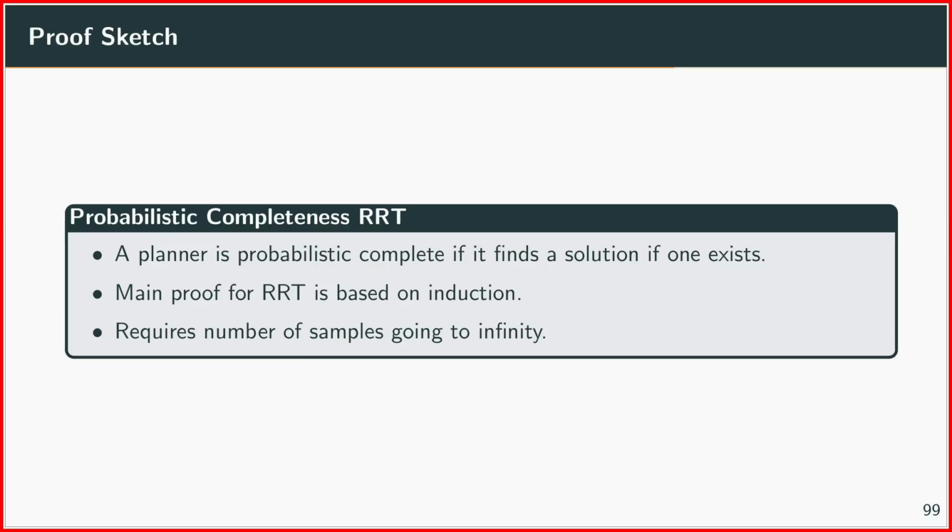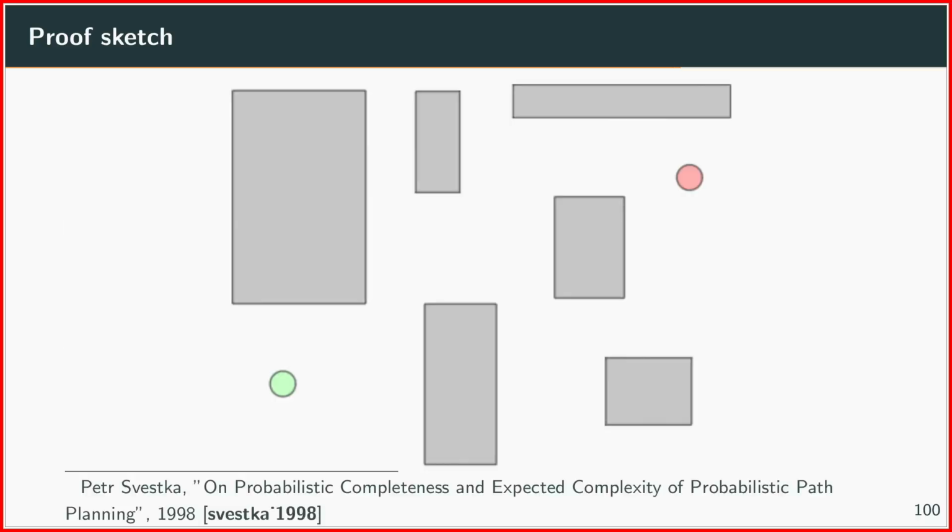Let's recall that a planner is probabilistically complete if it finds a solution if one exists. So this is a basic definition. And the main proof that RRT is probabilistically complete is based on induction, and it requires that the number of samples goes to infinity. To do this, I want to show you a small proof sketch.